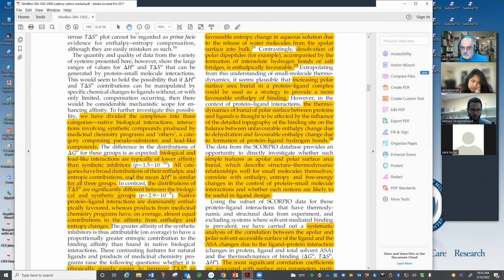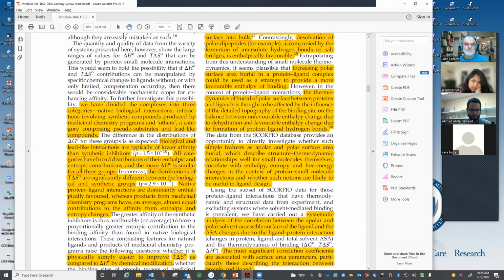All categories have broad distributions of their enthalpic and entropic contributions. I've already said how broad the enthalpies and entropies are relative to the free energy. And the distributions of the T delta S are significantly different between the biological and the synthetic.